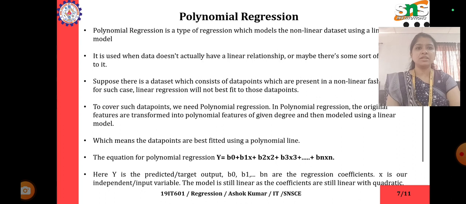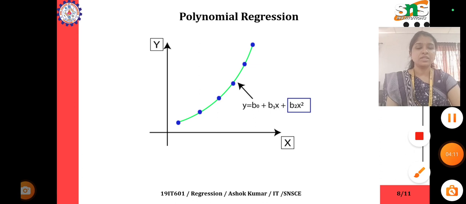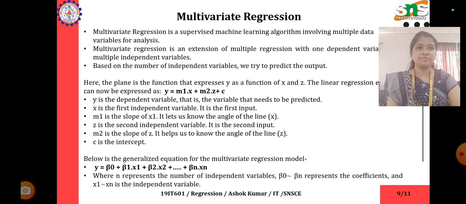Here y is the predicted target output, b0, b1, bn are the regression coefficients, x is our independent or input variable. The model is still linear as the coefficients are still linear with quadratic. And this is an example of a polynomial regression. Here y is equal to b0 plus b1x plus b2x2, and here the line forms a curve.